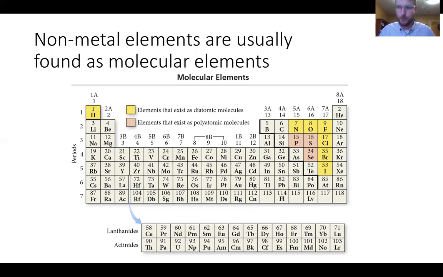Now, this is very important because let's say I give you a question: how many moles are in 3 grams of nitrogen gas? Well, if you didn't realize that nitrogen was a diatomic molecule, the molecular weight you would use would be half of what it needed to be.